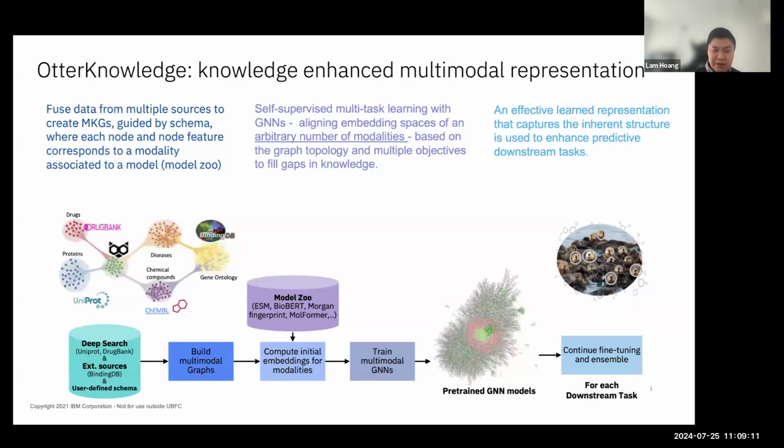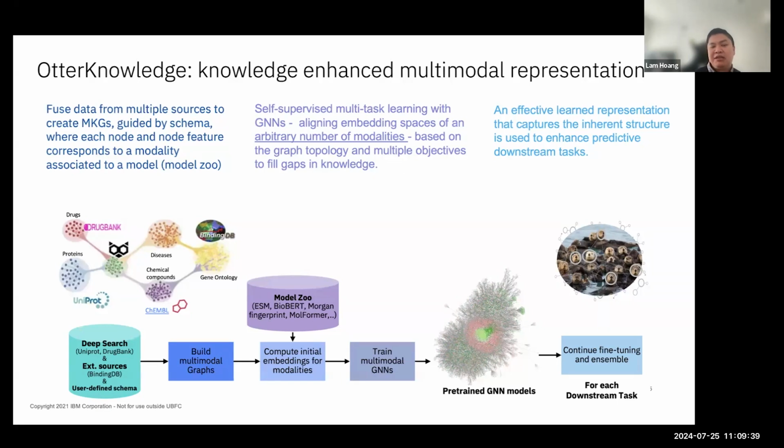So we start with different databases, right? Imagine we have a lot of databases like DrugBank and UniProt, which I explained before. That could be ChEMBL, BindingDB, and ontologies. They link somehow, right? But how do we ingest them and bring them together and build a single big multimodal knowledge graph so that we can learn a good representation from that knowledge graph? We built a system to do that.